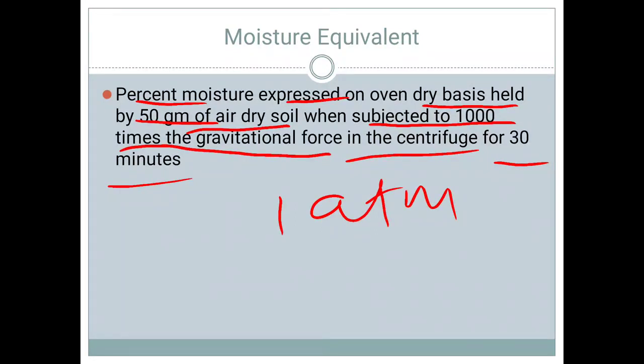This is called moisture equivalent, ME. Percent moisture expressed on oven dry basis when 50 gram soil is subjected to 1000 times gravitational force in a centrifuge for 30 minutes, and at that time the pressure is 1 atmosphere.